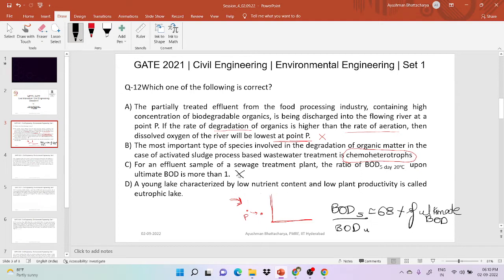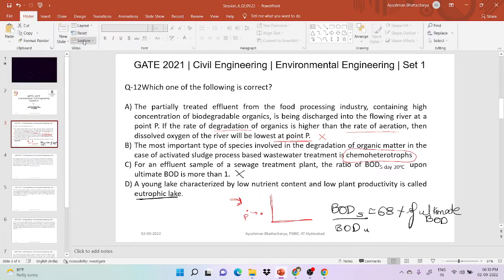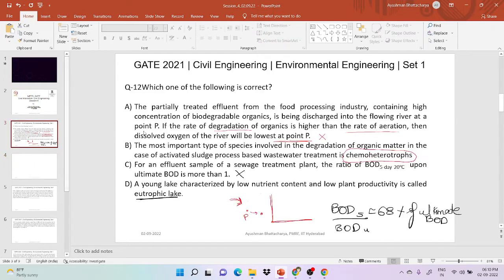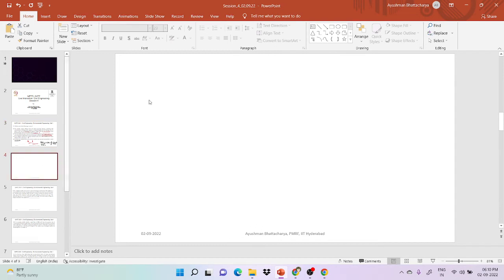So this is incorrect. The last option says a young lake characterized by low nutrient content and low plant productivity is called a eutrophic lake. Based on the level of productivity and the nutrient content, the lakes are categorized as oligotrophic, then mesotrophic.